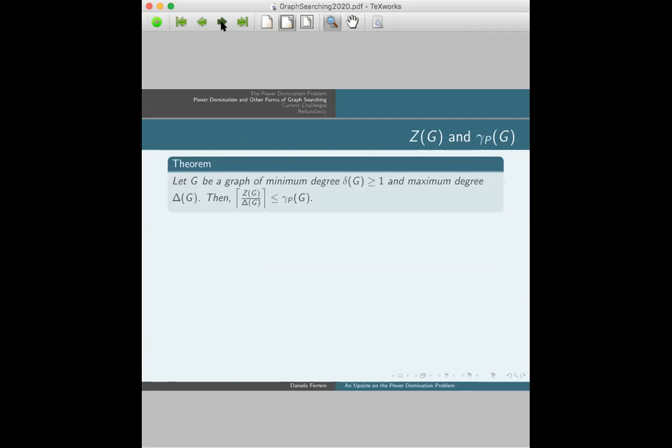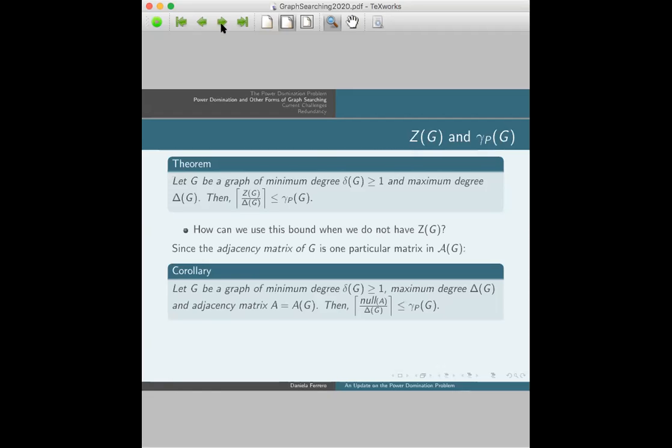So using our theorem, we said, well, if I divide the zero forcing number by the maximum degree, I obtain a lower bound. But if I divide the maximum nullity, I have the same inequality. And in particular, since we're graph theorists, we're thinking, well, let's just use the adjacency matrix. And in many cases, this bound was providing the exact value of the power domination number.